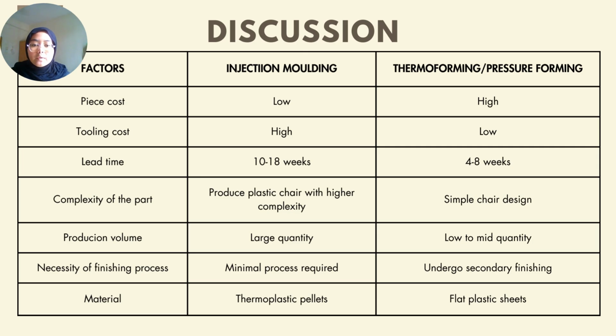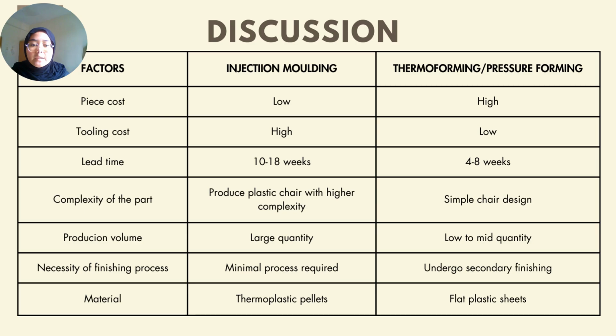From this table, we can see the tooling cost of injection molding is much higher than thermoforming, which can cause an increase in production cost, but the price can be lowered drastically in the long run as injection molding is suitable for high volume production and the mold can be used up to millions of cycles.